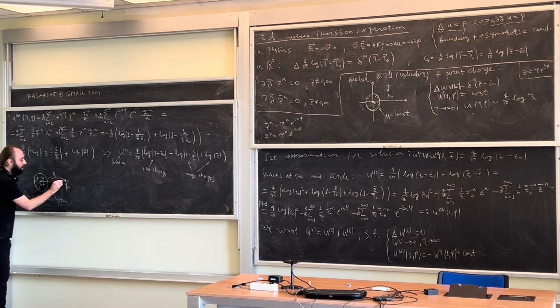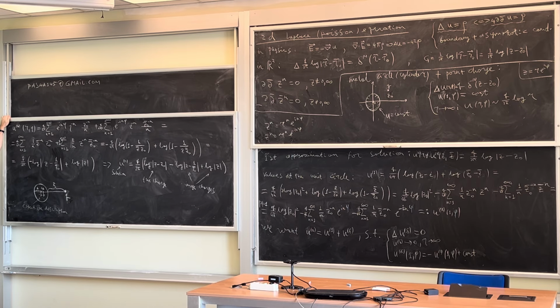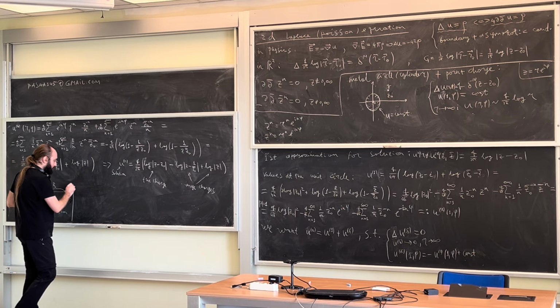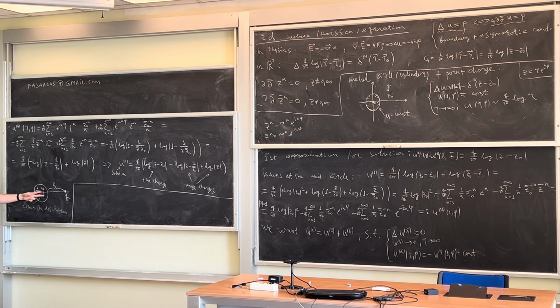So yeah, and if we want to guess this result without a mode expansion, we can simply notice that equipotential surfaces in the system of two charges of opposite values located at 2 points are all circles.